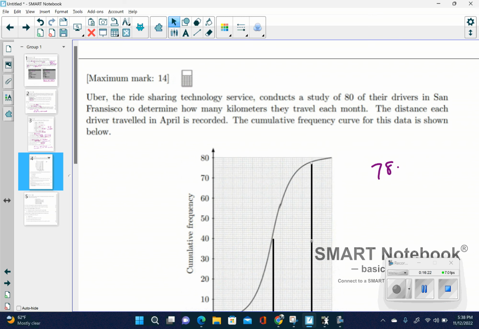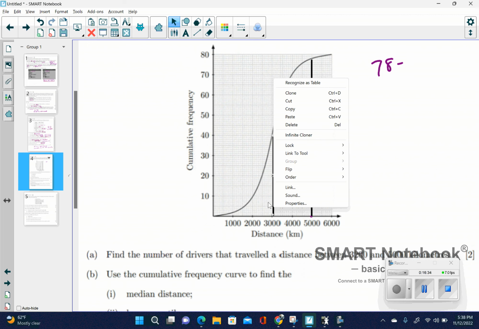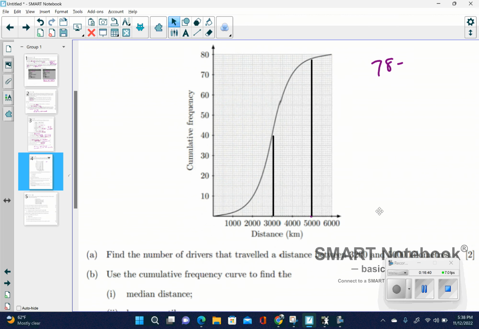So this is going to be 78 minus, and our second number is 3,200. So let me move this over a little bit. If I go up, that is going to give me almost 50, so I'll just call that 49. So 78 minus 49 is going to give me 29. Okay, so 29 is going to be our answer for part A.